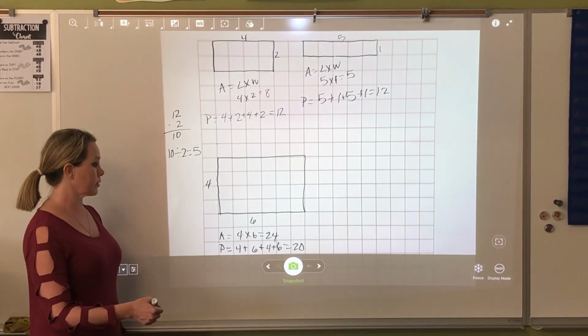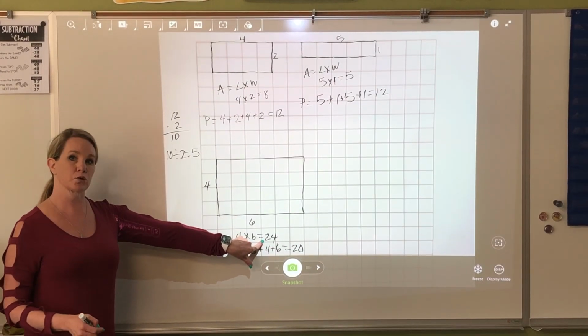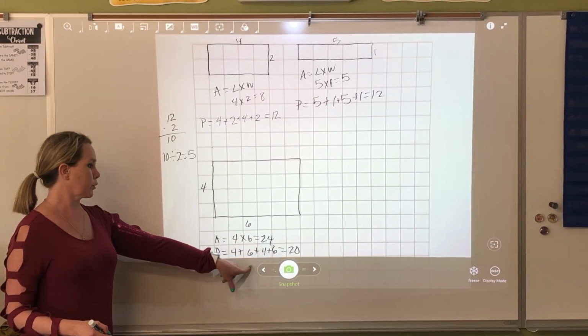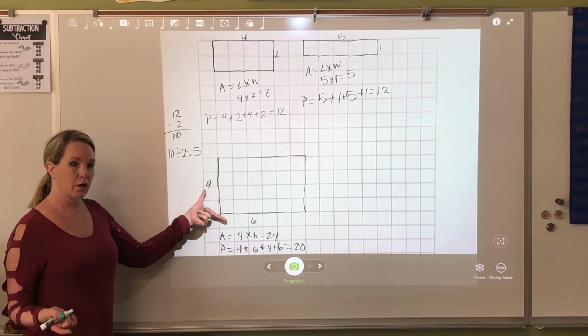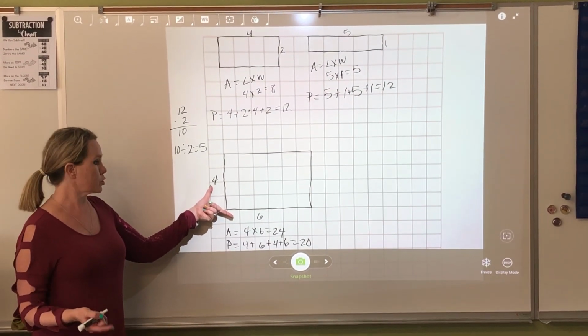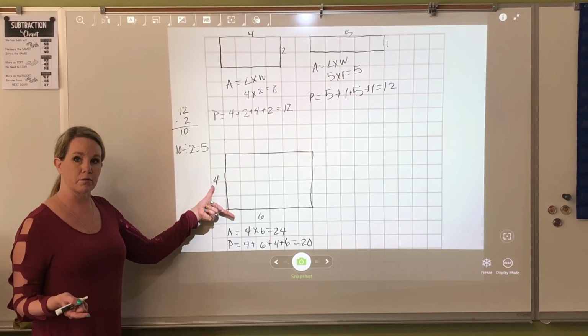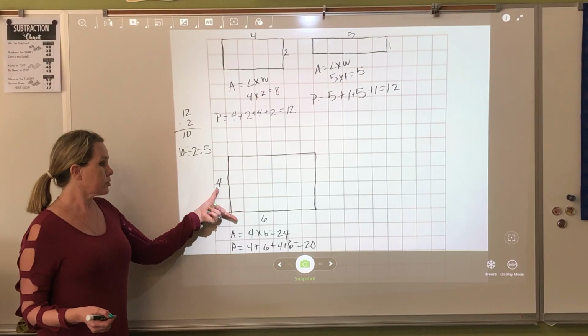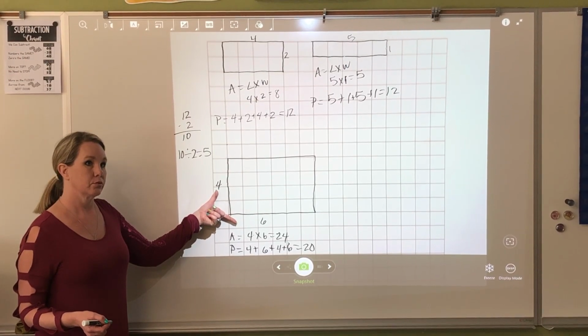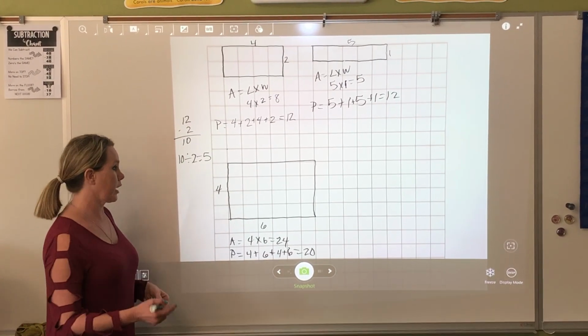Now I need another rectangle that has an area of 24, but the perimeter is going to be different. So I think, what two other numbers multiplied together are going to give me 24? I could do 2 and 12.